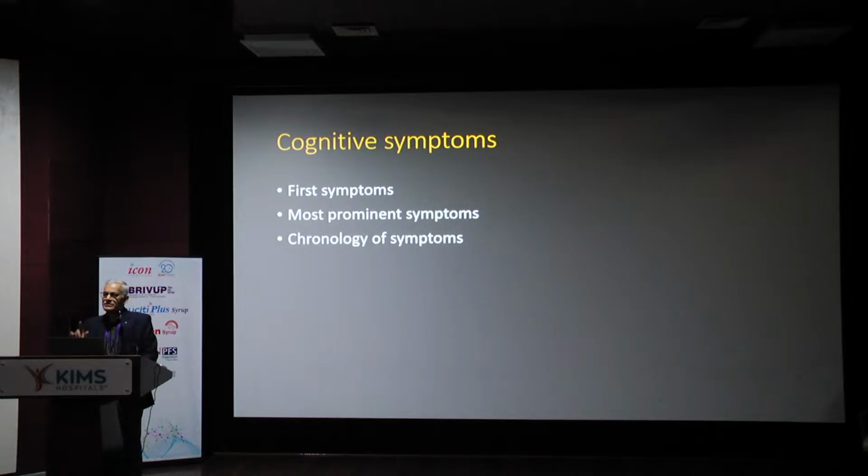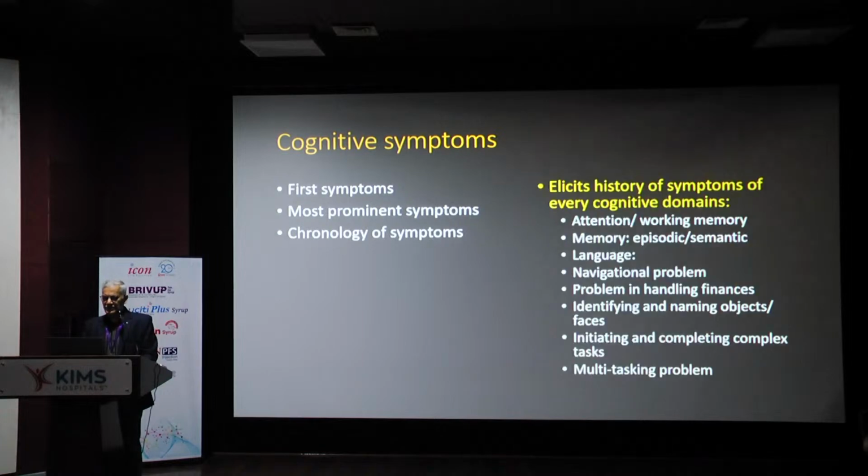So yes, cognitive symptom, you have to judge which comes first, which is the most prominent symptom, and the chronology of the symptom. Eliciting history of symptoms of every cognitive impairment. If the patient is coming with just a memory problem, don't take it at face value that it is amnestic syndrome.